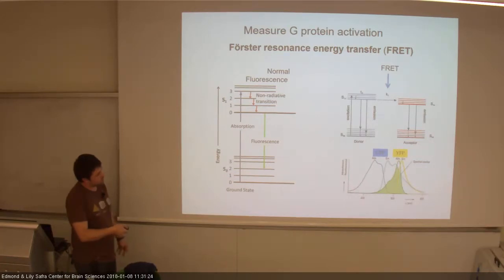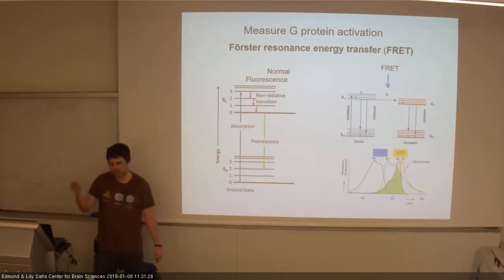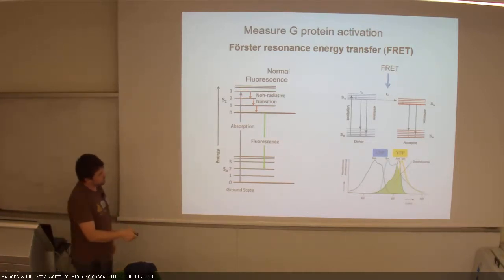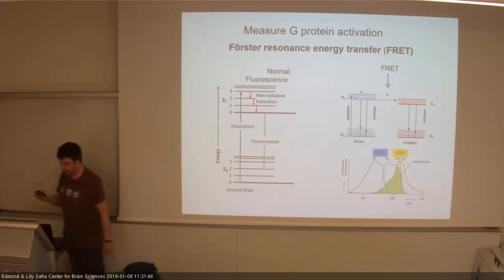If we excite it, or shine a laser on this protein at a wavelength of, let's say, 420 nanometers, it will emit a photon, or fluorescent energy, in the wavelength of about 500 nanometers or 488 nanometers.